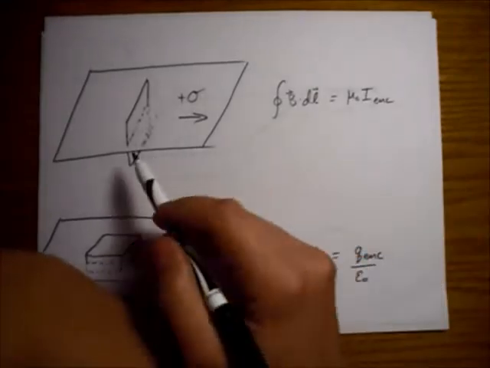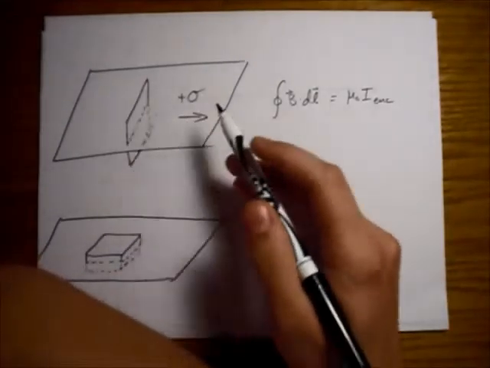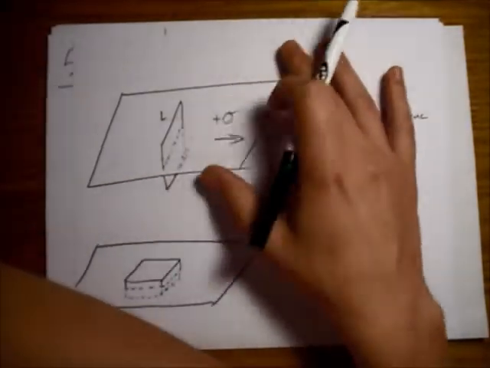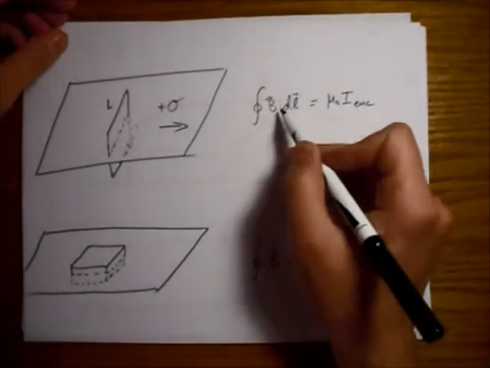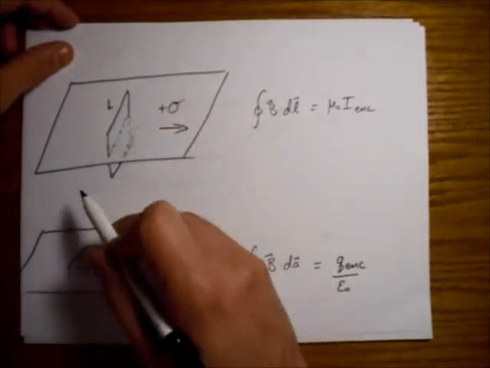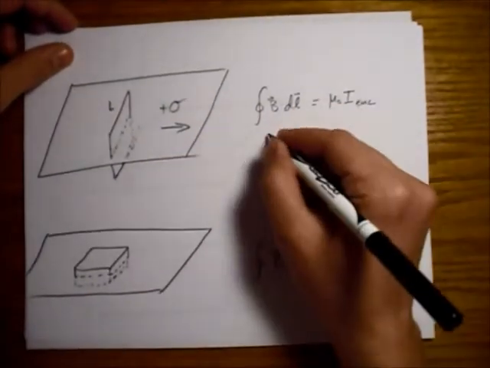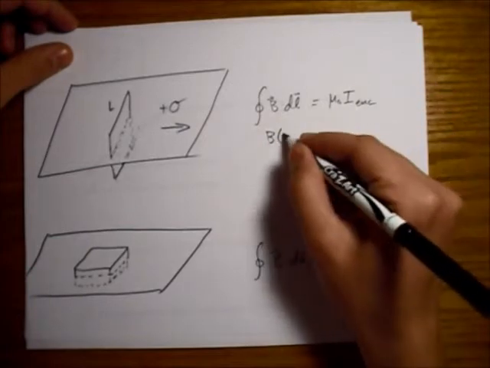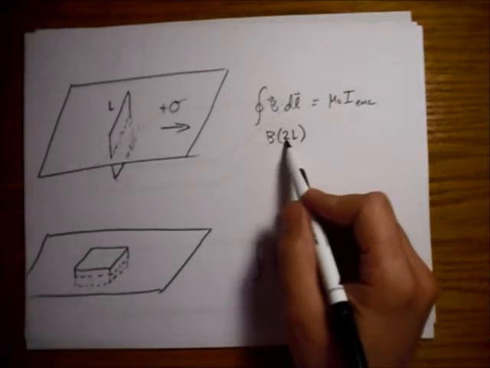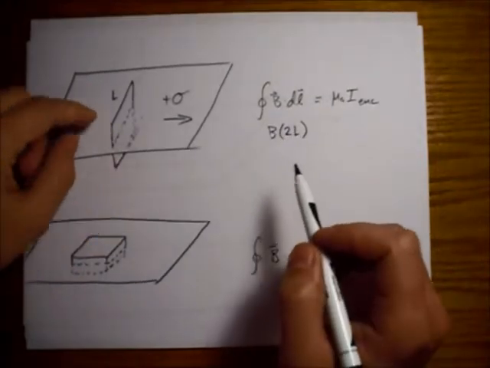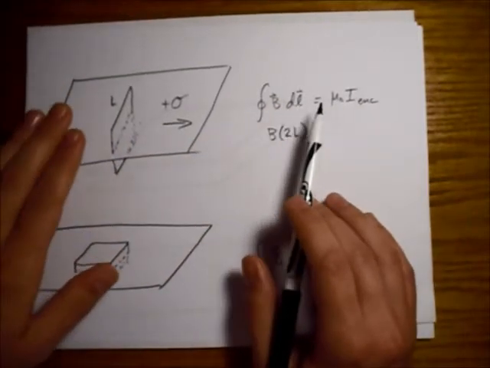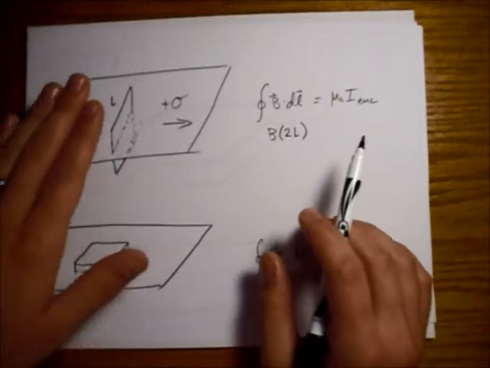If we draw a little Amperian loop intersecting some length, which I will call L, of this surface, then our integral around this loop is going to be B multiplied by 2L.